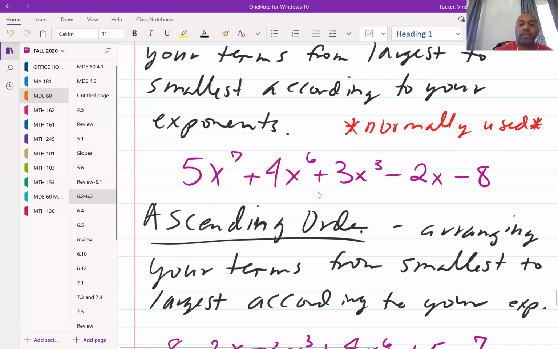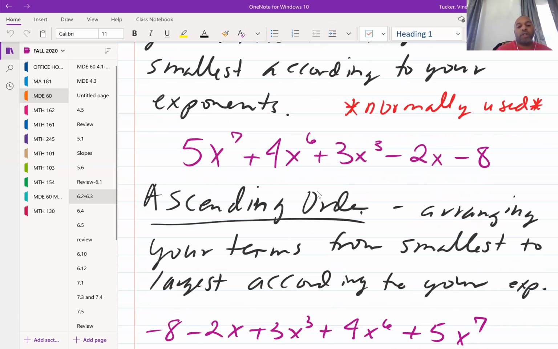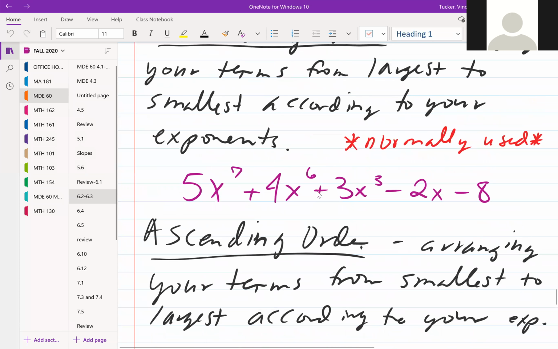All right, and then ascending order, arranging your terms from smallest to largest according to your exponent. Could you go up one, like to descending?